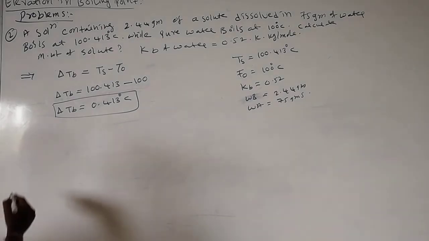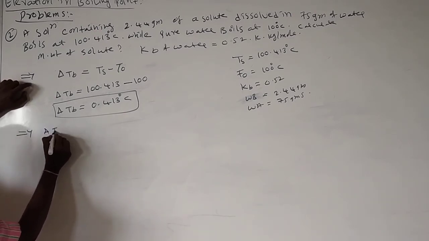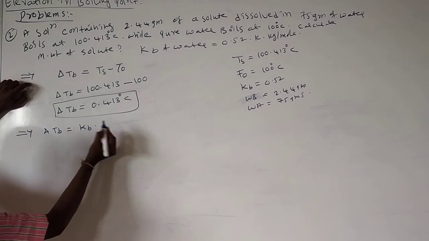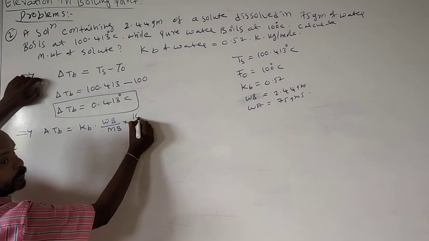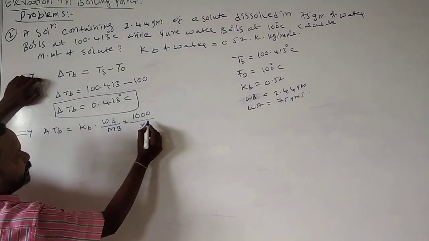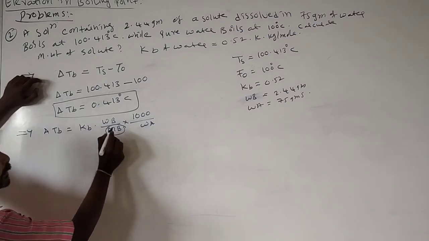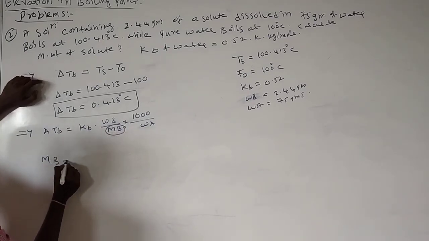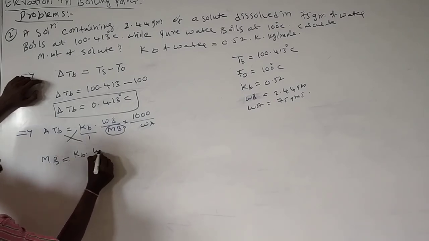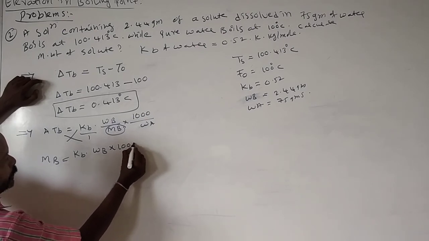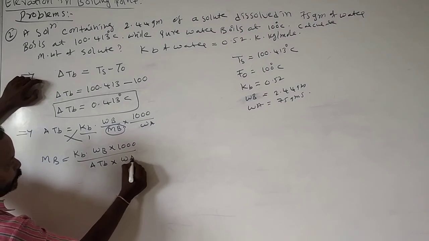Next, calculate the molecular weight. What is the principle? Delta Tb is equal to Kb into Wb by Mb into 1000 by Wa. We need to calculate Mb. Cross multiplication: Mb is equal to Kb into Wb into 1000 by delta Tb into Wa.